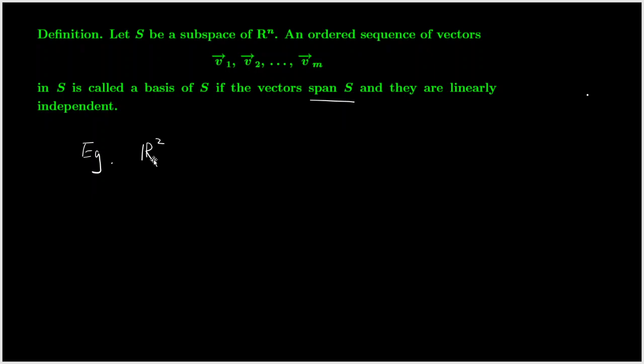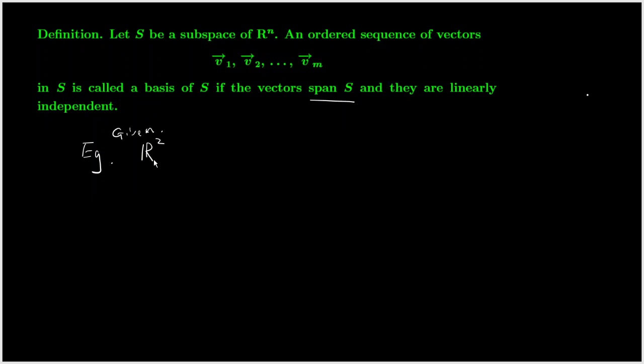Now I'm going to use a particular set of R2 to talk about what we mean by a basis of R2. Given R2, we are going to verify that the two standard basis vectors form a basis of R2.